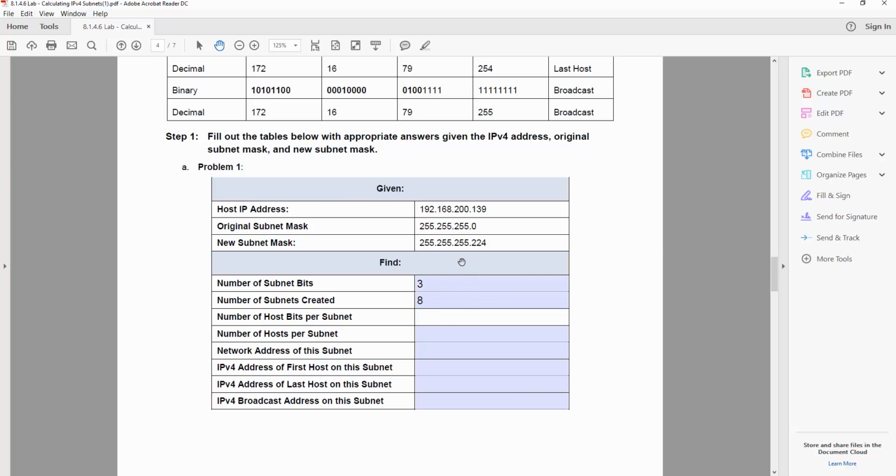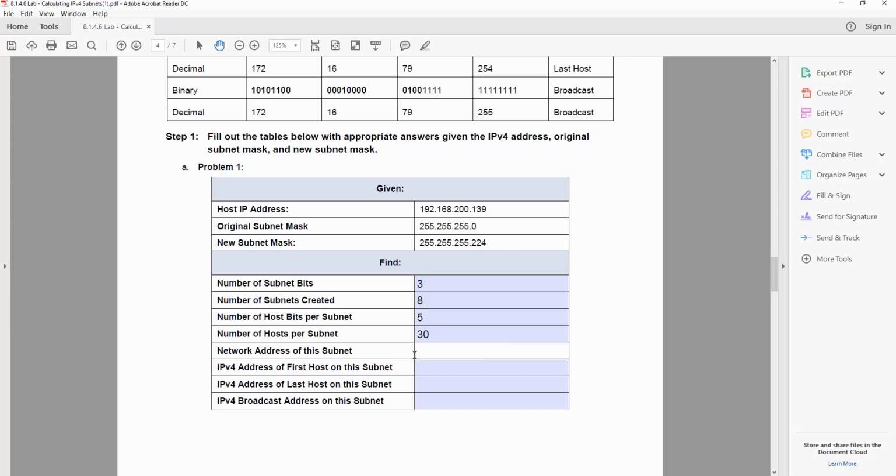If we borrow 4 bits, 2 to the power of 4, that's how many subnets we have. 5 bits, we have 32 subnets. Number of host bits per subnet, 5. Read your explanation to figure out how that works. Number of hosts per subnet, how many hosts? Remember that formula? 30. We just did a bunch of examples.